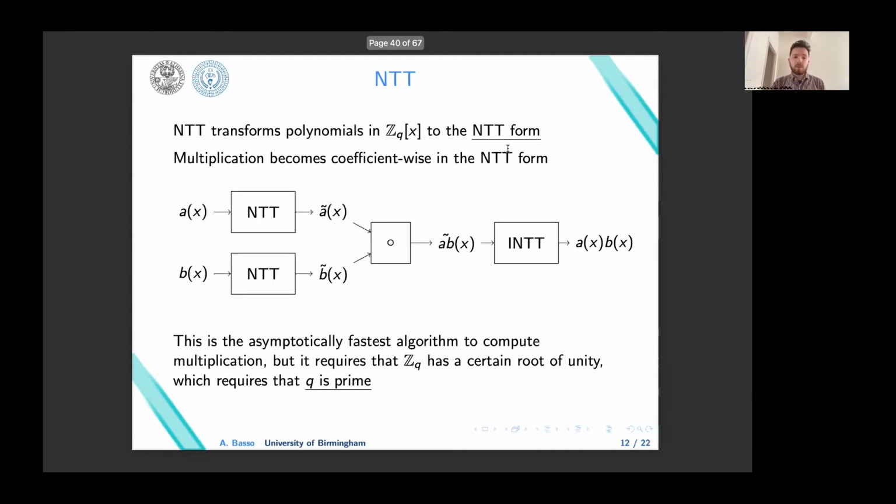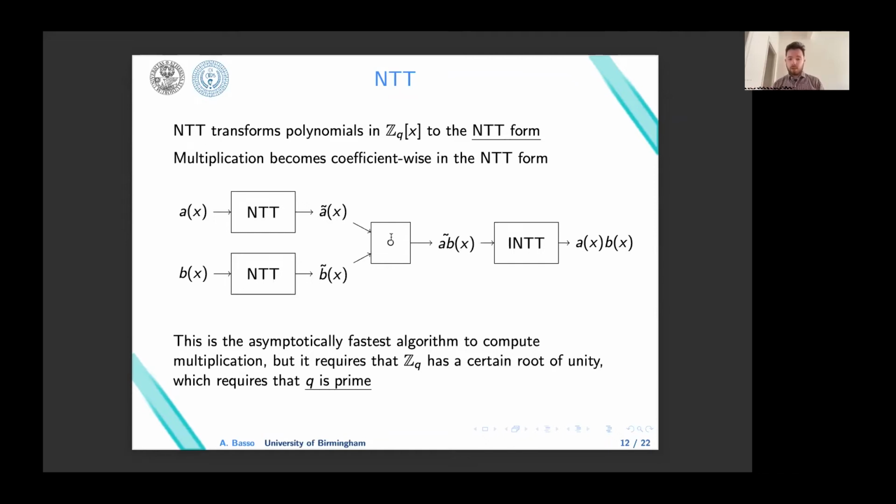So if you want to compute the product of two polynomials A and B, we map them with the NTT to obtain the same polynomials in the NTT form, which we call A tilde and B tilde.